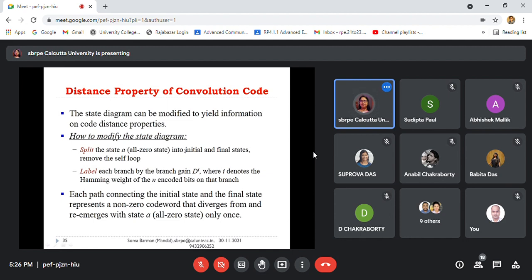Initial is 00, and finally you have to reach the 00 state, because initially we consider the memory of the shift register is 00, the register content is 00, and finally after flushing out the bits you are reaching the final state 00. Starting from 0, you again reach the final state after a number of state transitions, returning to state 0, that means the initial state.